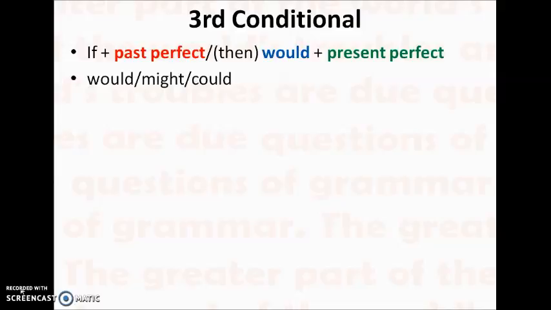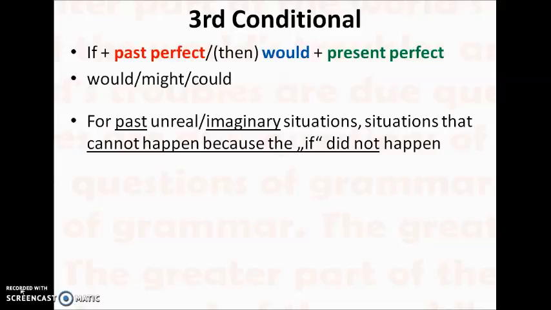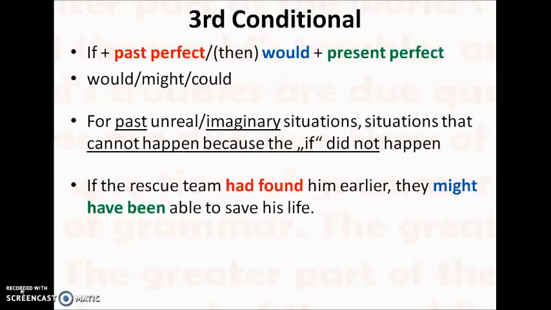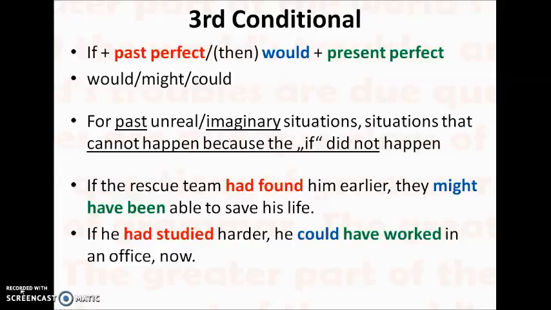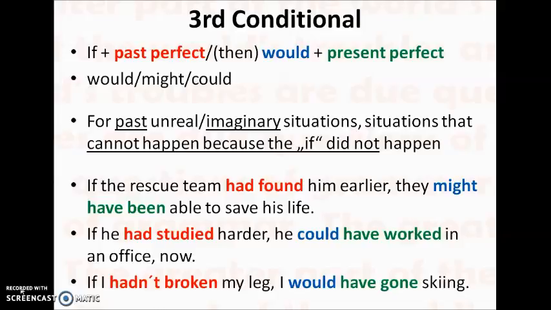We use this form for talking about past, unreal, or imaginary actions or situations that cannot happen because the if did not happen. For example, if the rescue team had found him earlier, they might have been able to save his life. If he had studied harder, he could have worked in an office now. If I hadn't broken my leg, I would have gone skiing.